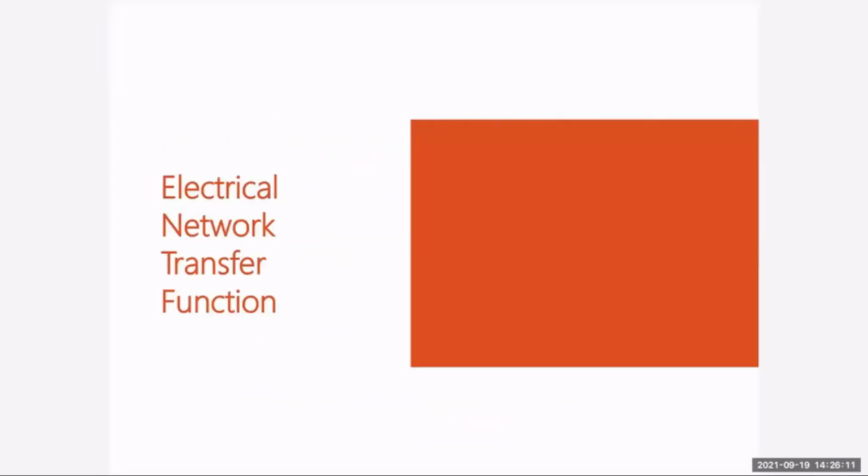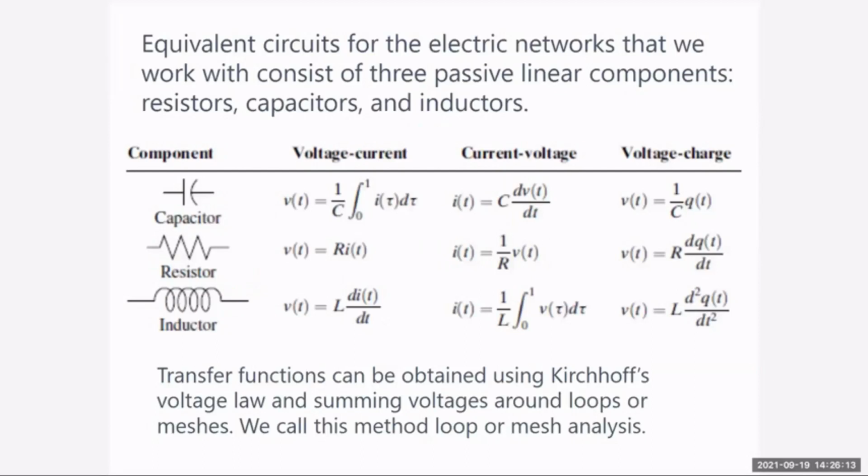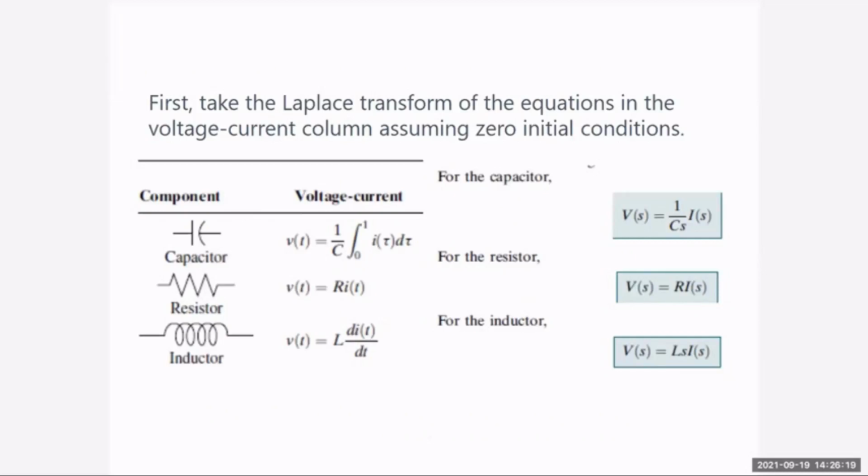Here we have the electrical network transfer function. Again, this is just a review of what I said earlier. First, take the Laplace transform of the equations in the voltage-current column, assuming zero initial conditions. As I said earlier, for the relationship between voltage and current, these are the things you have to keep in mind.